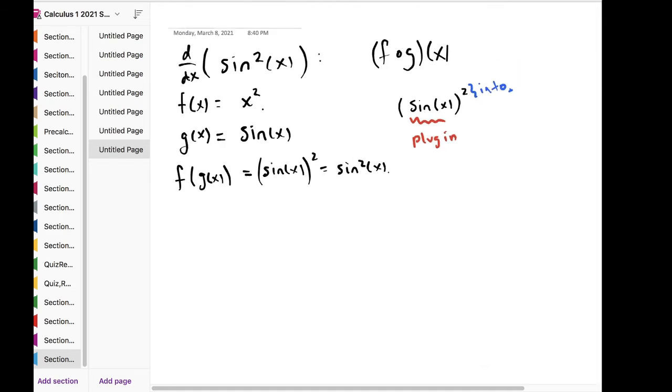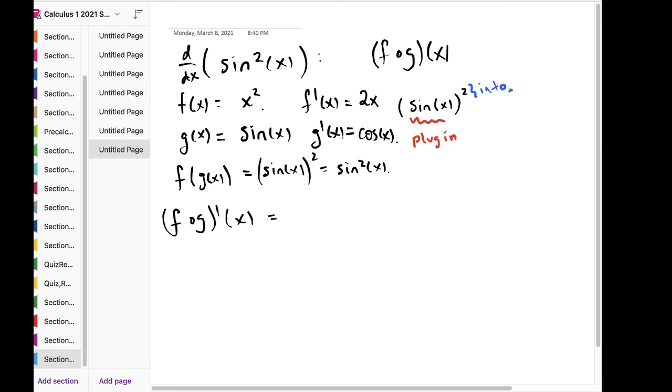What's f prime? Okay, f prime by the power rule is 2x, and g prime is cosine. So put it together, and I believe that should be the answer.